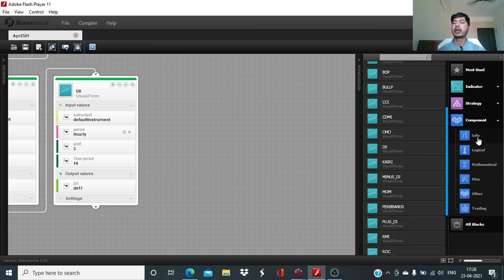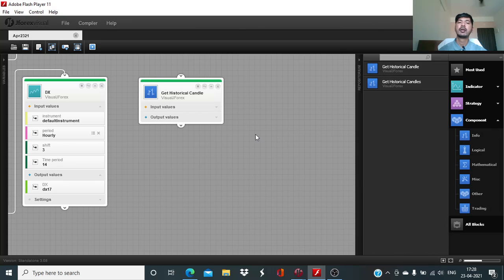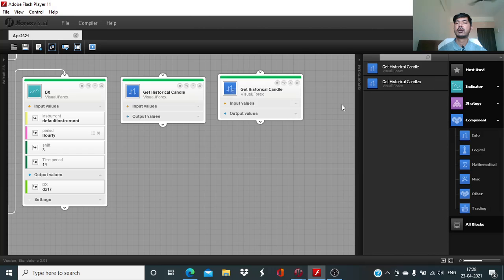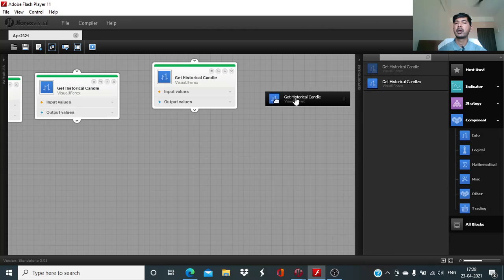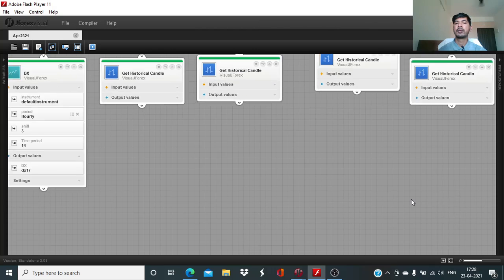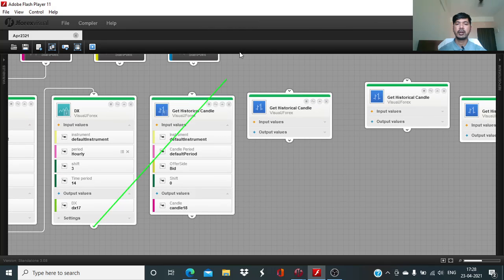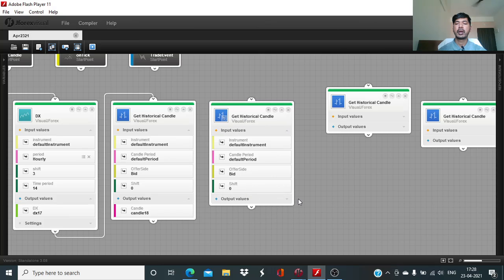we will have to turn our attention to the info aspect, where get historical candle of hourly time frame and 10-second time frame will help us out. I will define these two candles for the hourly time period.